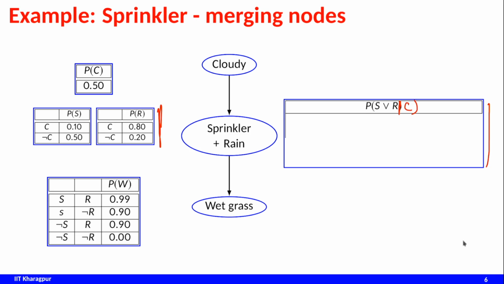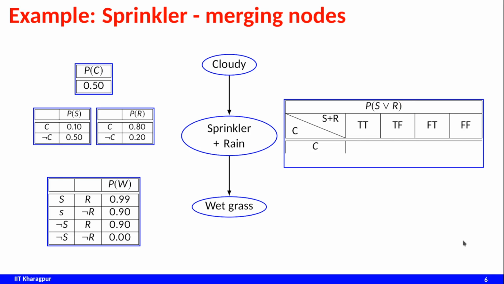In order to compute that, I need to use the previous tables. Let's say I want to compute something like this: S and R both true, given that C is also true. If C is true, then the probability of S being true is 0.1, and when C is true, the probability of R being true is 0.8.